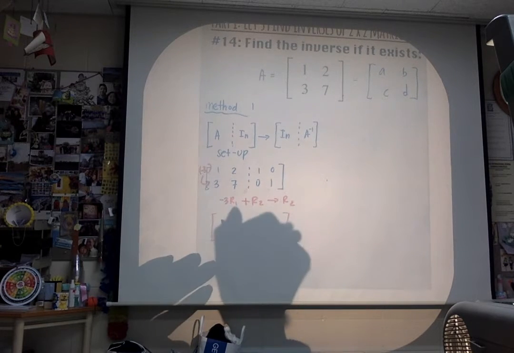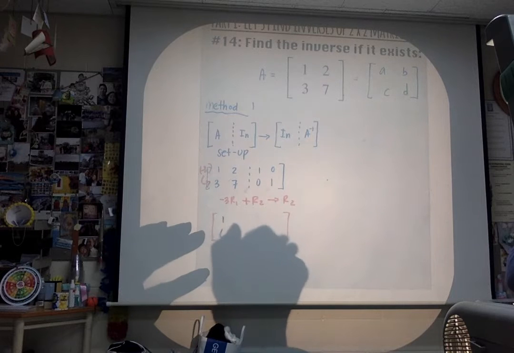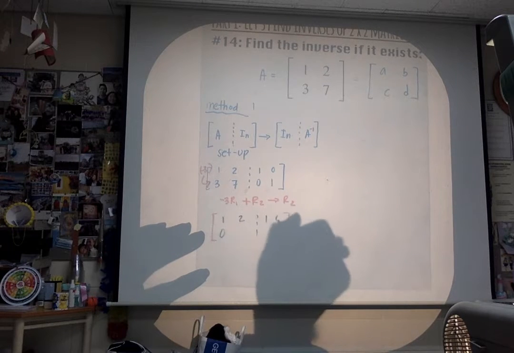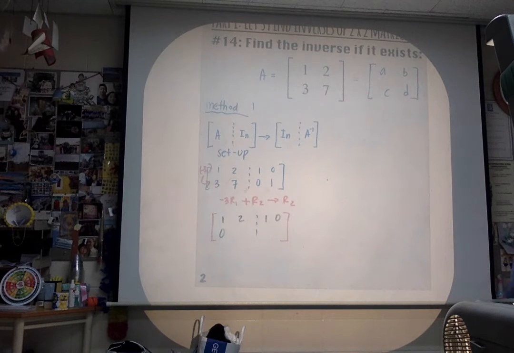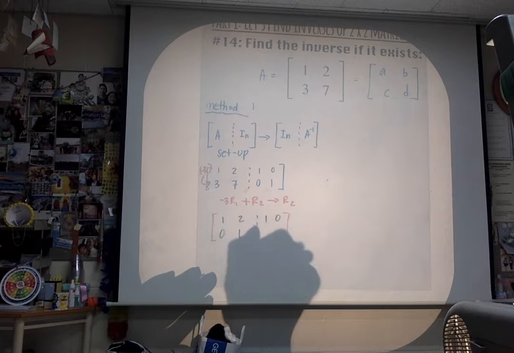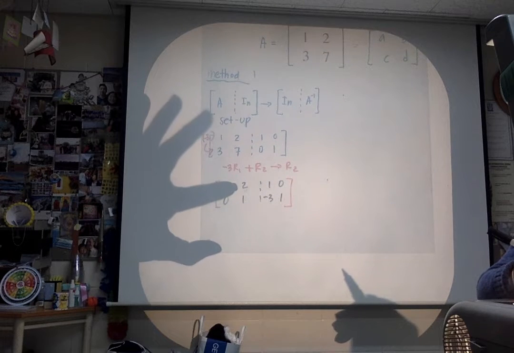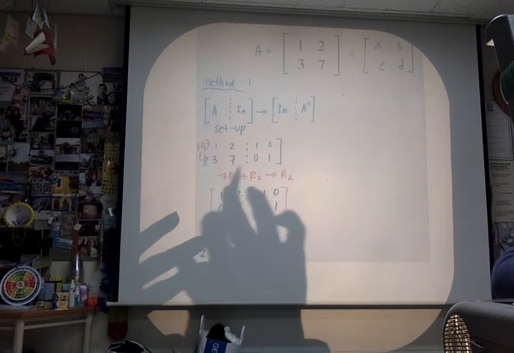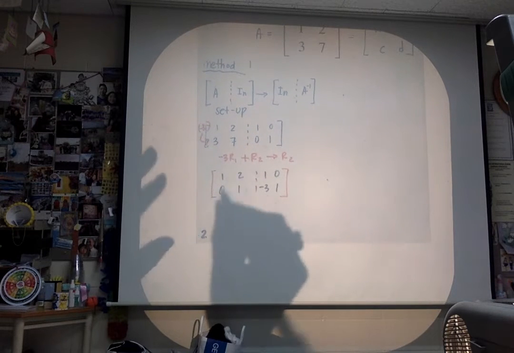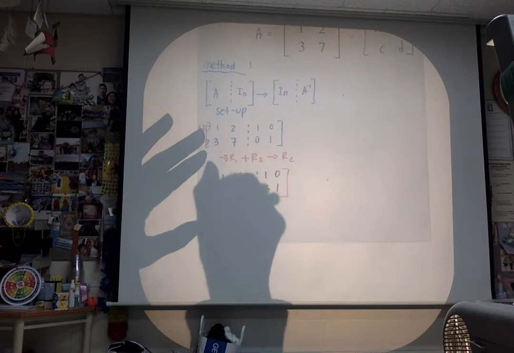I get 1, 2, 1, 0. This row doesn't change, right? And I get here 0, 1, -3, 1. Okay? Now I already have a 1 here, so I need to make a 0 here, right? It's almost an identity matrix, but not yet. So I'm going to multiply this by -2, and I'm going to add it to here.